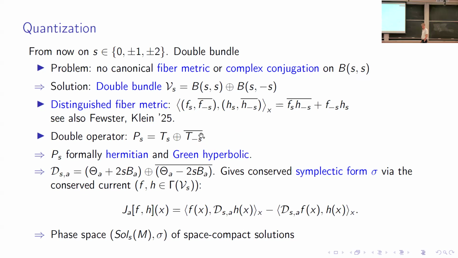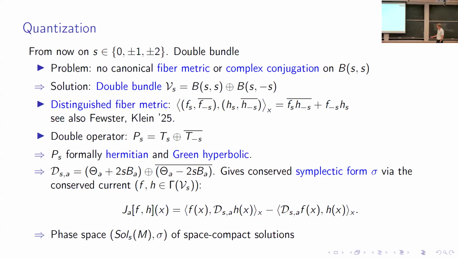Everything is doubled. This comes from the fact that the symplectic form naturally mixes spin s and spin minus s. I saw it when I first looked at the Teukolsky equation, even in Schwarzschild: there's this photon sphere, and on one side of the photon sphere it looks like pumping energy, and on the other side like damping, and for spin minus s it's the other way around. So it's very natural to try to mix this together.